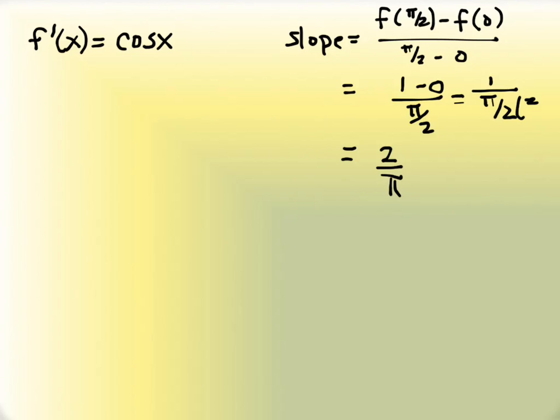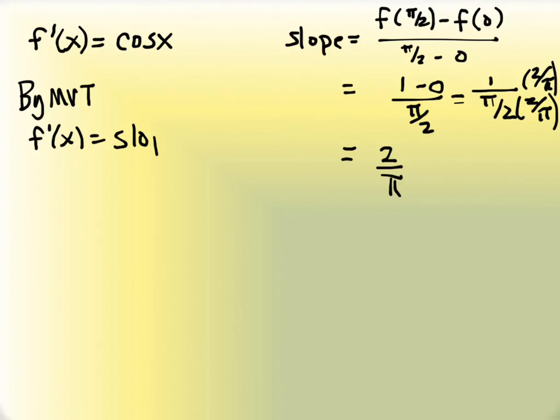So I could multiply by 2 over pi so that I can eliminate the double fraction, the complex fraction. So what my mean value theorem says, it says that the derivative should equal the slope from over here. The derivative we found was cosine of x. And the slope we found was 2 over pi.